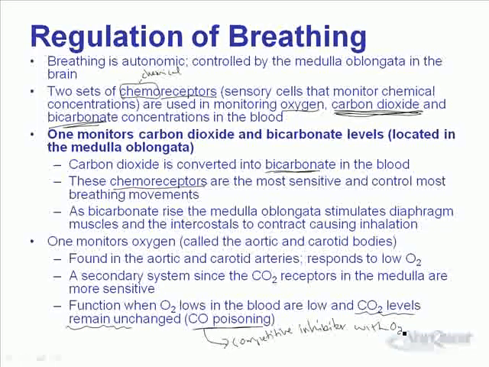So it competes with oxygen for spots on hemoglobin, and it's actually better at bonding to hemoglobin than oxygen is. So it fills up the hemoglobins, not allowing us to get oxygen into our body. We breathe in, but because our hemoglobin's full, the oxygen never makes it into our blood. So it's a competitive inhibitor with oxygen.